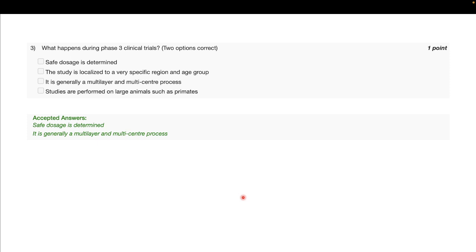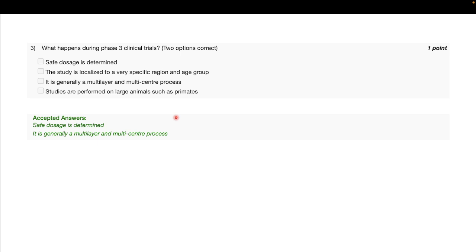So the correct answer for this is that safe dosage is determined in phase 3 trials, we just discussed, right? Phase 3 trials are the most advanced of the clinical trials. In this you first determine what dosage is going to be safe for your human patients, and it is generally a multi-layer and multi-centered process.